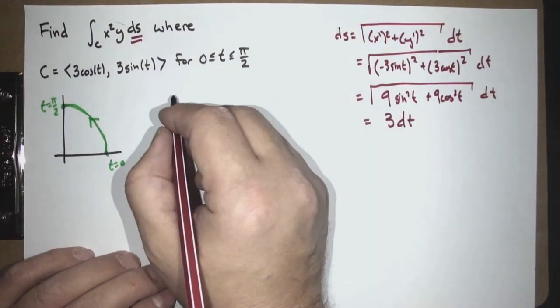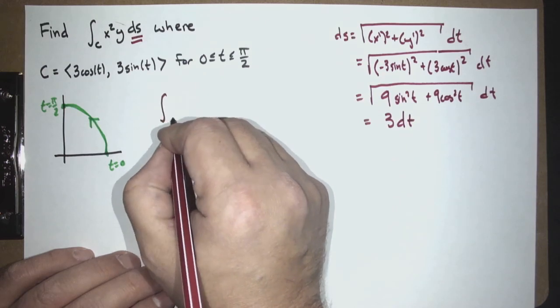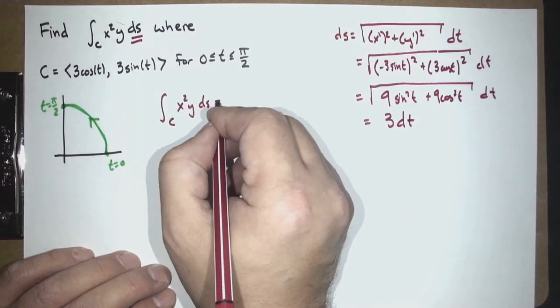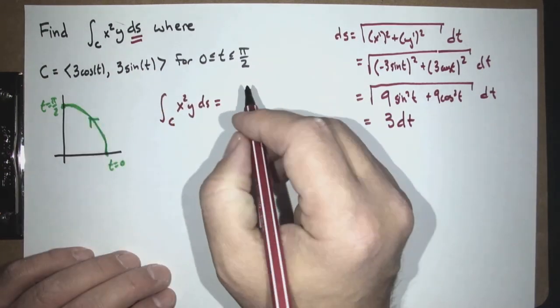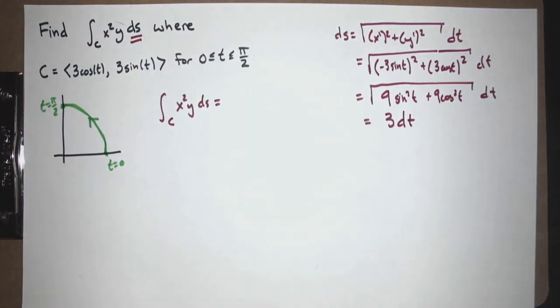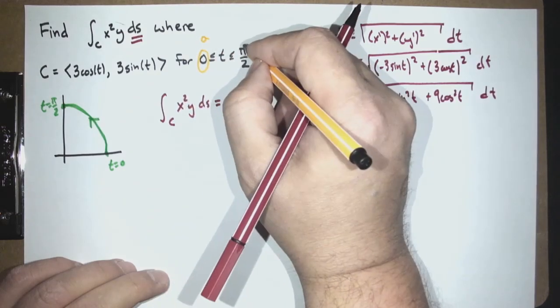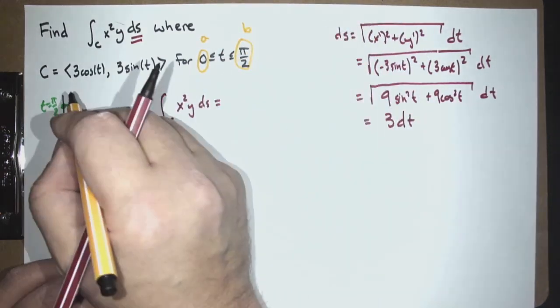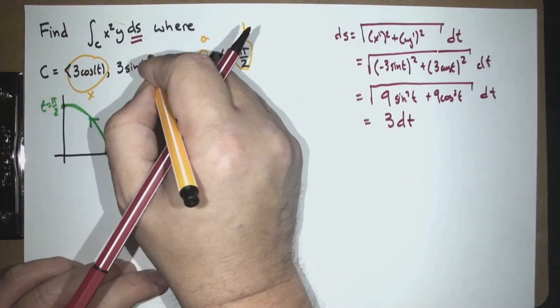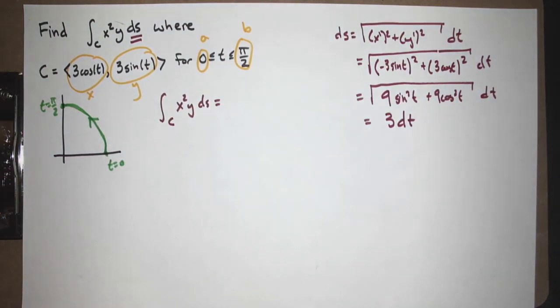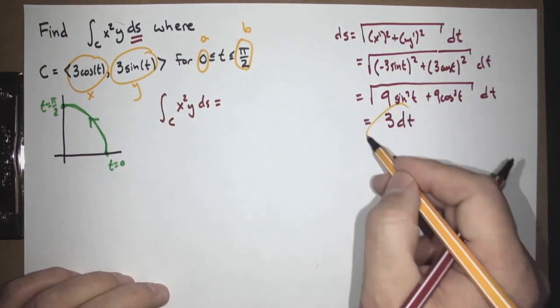Okay, so the integral along our curve x squared y ds, using this parameterization, well, we have our a and our b. So I'm just going to mark that's a, that's b. This is our x. This is our y. And now you just sort of play the matching game. Oh, and this is our ds.